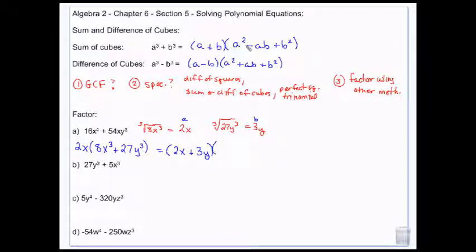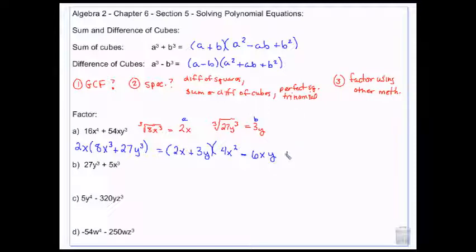Then I have a squared minus ab plus b squared. So a squared is going to be 2x squared, so that'll be 4x squared. Minus a times b, so 2x times 3y is 6xy.